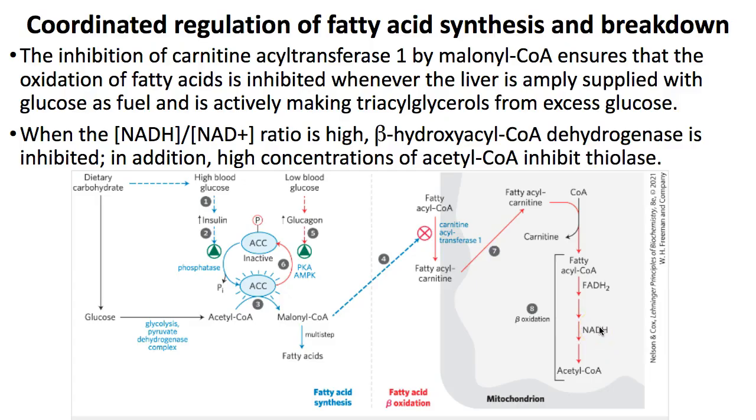And one other thing is when there's too much acetyl coenzyme A, that means that things are being broken down too much as well. And so it will block the thiolase. Remember, the thiolase is the enzyme that is doing the cleavage.